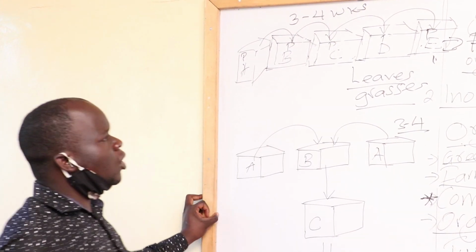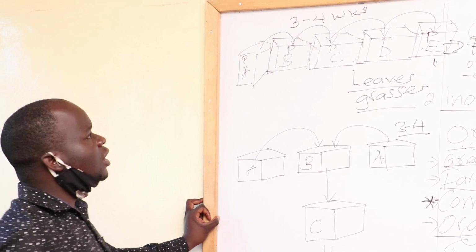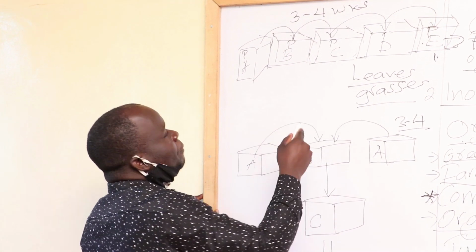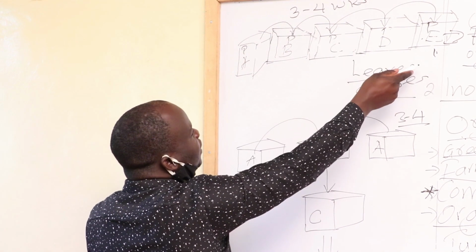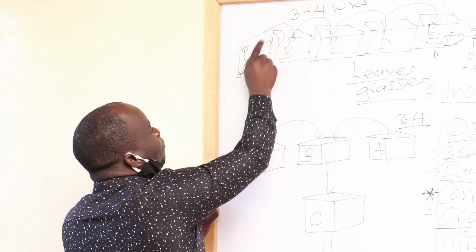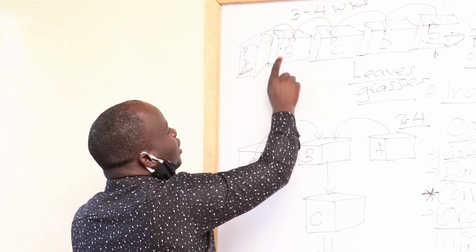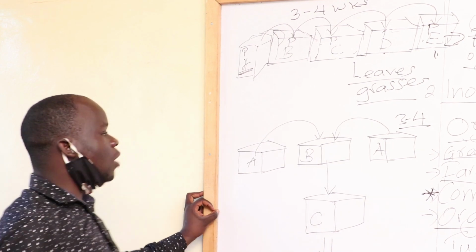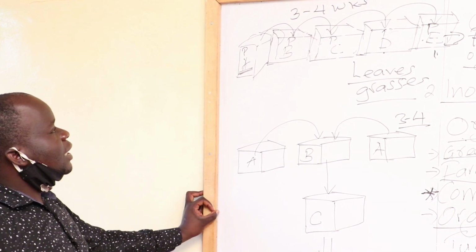If they are not well rotted or completely decomposed, you can repeat the process. Repeating the process means after transferring the first time, A is empty. You can now reverse B to A, C to B, D to C, E to D, like that, as we move on. That is number 3.